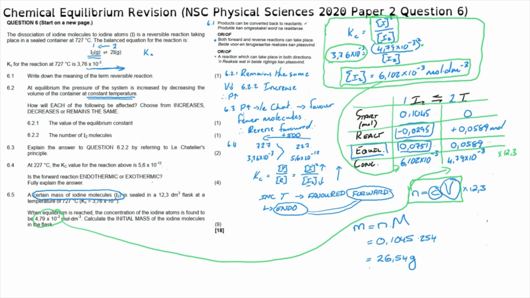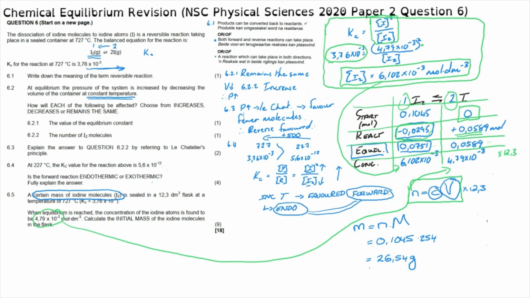Once we have those values, because we know that we started out with 0 iodine atoms, we were told that this is sealed in a container, that means that we must have formed 0.0589 moles of iodine atoms, which means that in order to form that, using the ratio of iodine molecules to atoms, we must have used up 0.0295.